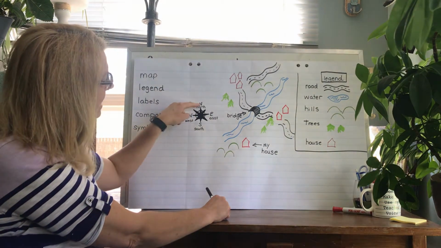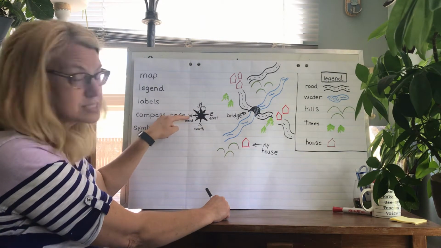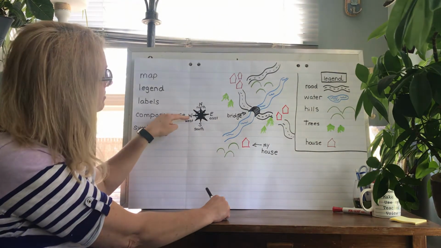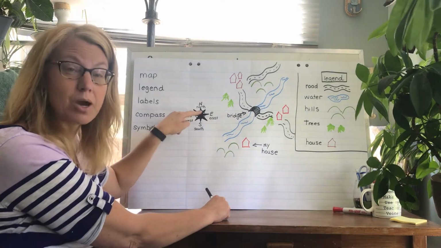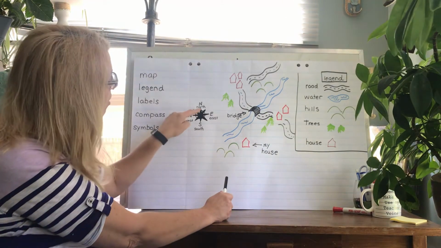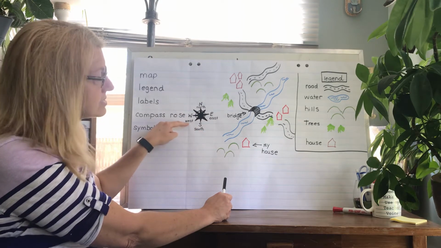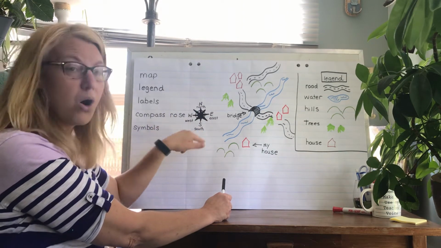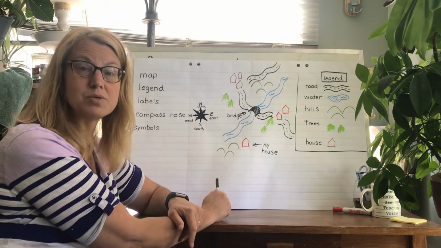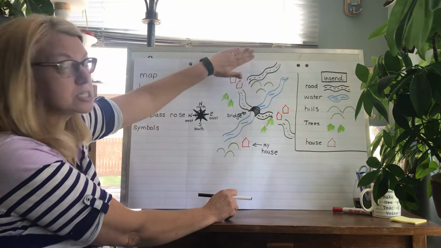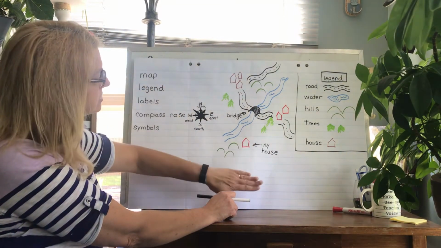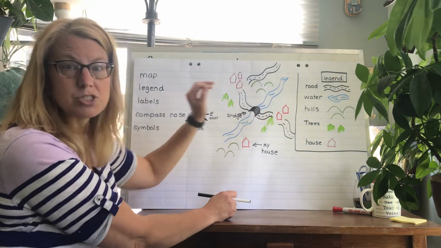So we can use N, E, S, or W, because that's the short way to do it, and we always use uppercase letters, or we can write the word north, east, south, and west. And so this is always shown on a map because it will tell us which is the north, which is the south, which is the east, and which is the west.